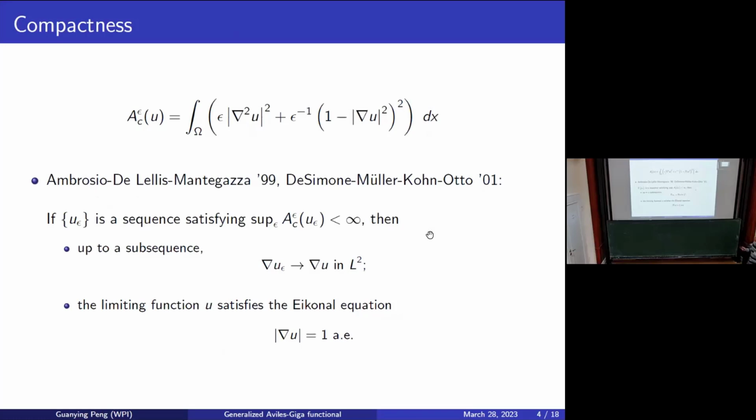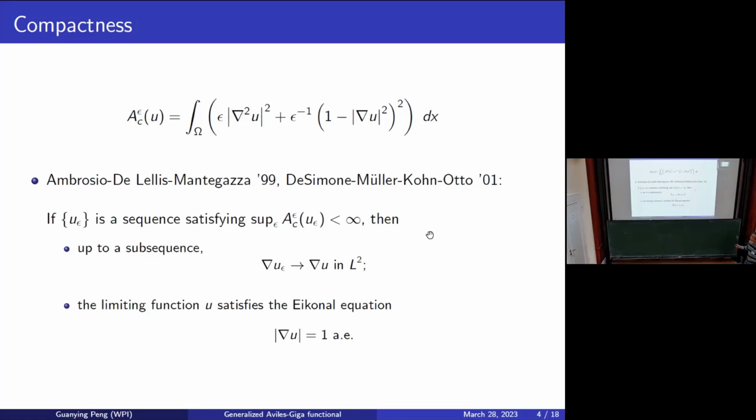Collecting their results, essentially they showed that if you have a sequence U epsilon with the sup of the energies being finite, then there is precompactness in the gradient. Up to a subsequence, grad U sub epsilon converges to grad U for some limiting function in the L2 space. Further, this limiting function satisfies the Eikonal equation, basically just because of the second term in the energy.